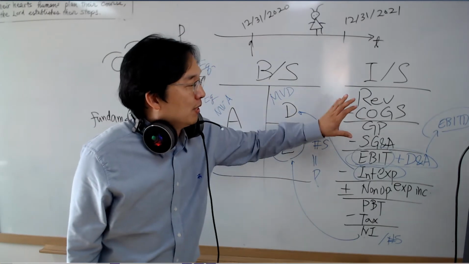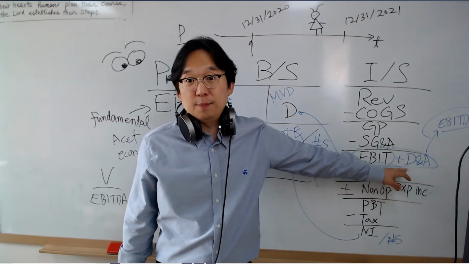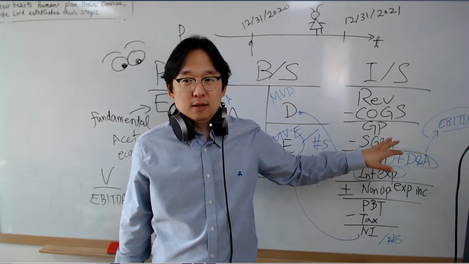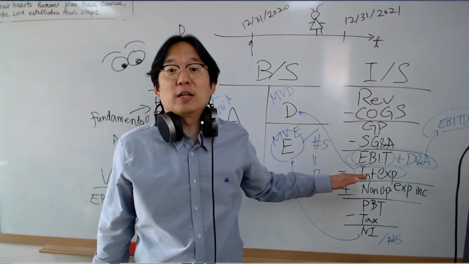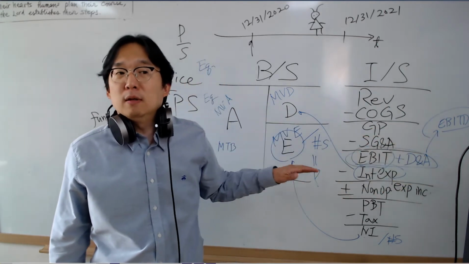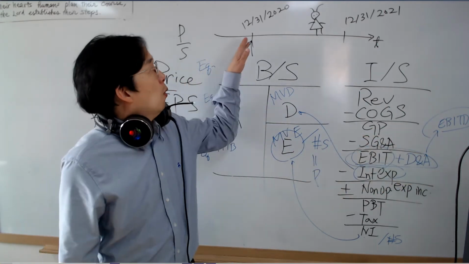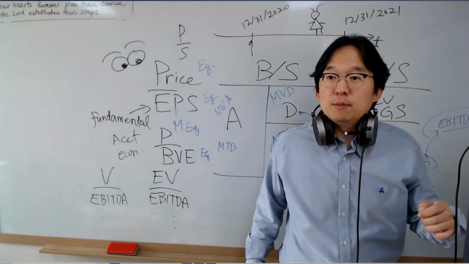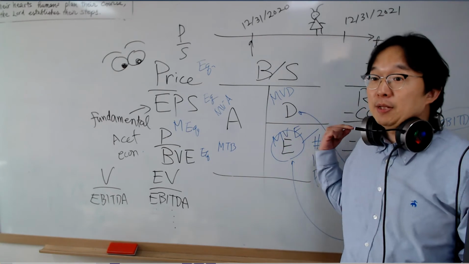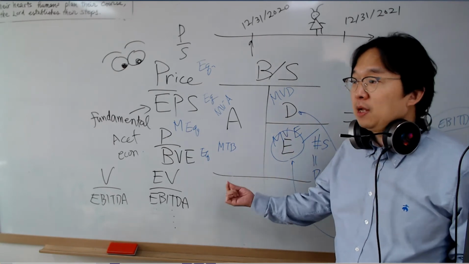The thing is, because this is a non-cash item, just bring it back so that you will now understand how much cash the company has generated in that one year period of business, based on that income statement. That's EBITDA, and that's a fundamental number, right?